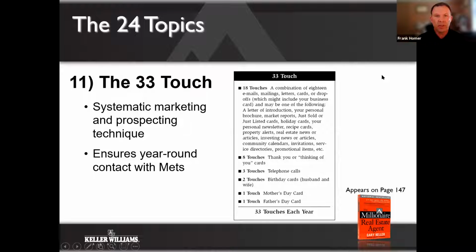We'll touch on 33 here. So 33 touch, now that you've built a relationship with them in the 8x8, we want to stay in touch with them throughout the year. So 18 touches, again, a combination of different collateral, emails, mailings, personal letters, cards, drop-offs, Popeyes, things like that, just listed cards, all your just sold cards, all of those would be included in those 18 touches.